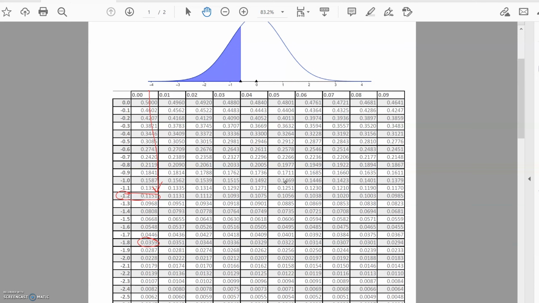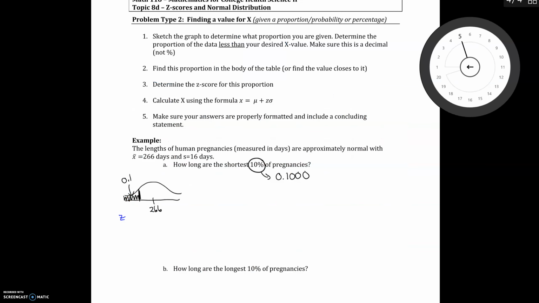We're going to do some scouring, and I see 0.1003 occurs at a z value of negative 1.28. So that cutoff value corresponds with a z value of negative 1.28.